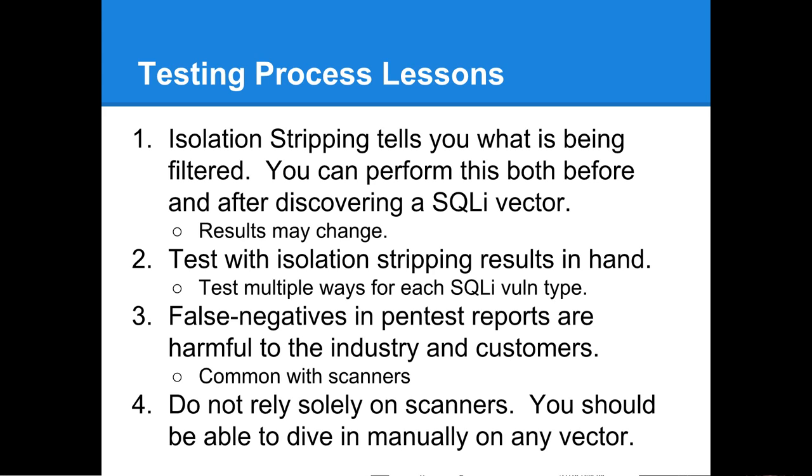3. False negatives in pen test reports, especially in SQL injection, are really harmful to the industry and really harmful to your customers. And this is going to be common for pen tests that simply rely on vulnerability scanners. Do not rely solely on vulnerability scanners. You should be able to manually dive in to discovering and testing the vulnerabilities on any vector for a given target if you're in penetration testing.